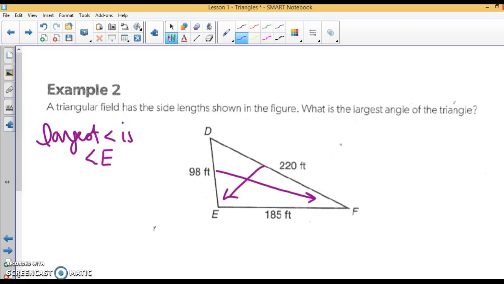And if I asked you to put them in order, angle F is smaller than angle D, and that's smaller than angle E. Smallest to largest. These are less than. These are angle symbols.